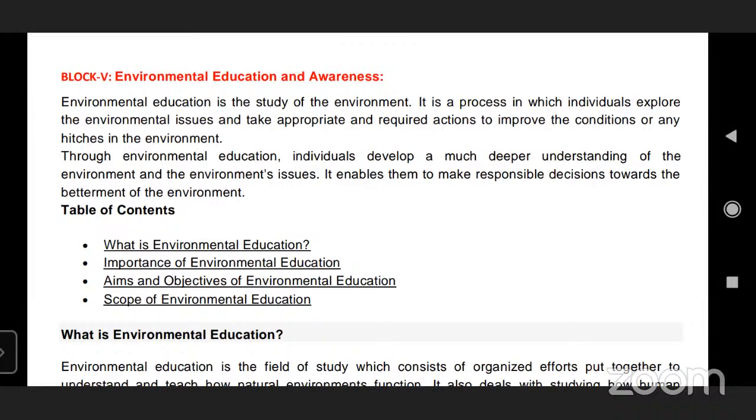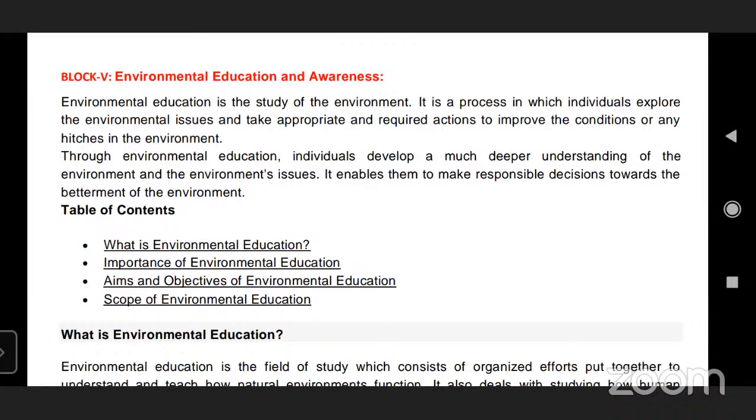Through environmental education, individuals develop a much deeper understanding of the environment and environmental issues. It enables them to make responsible decisions towards the betterment of the environment.